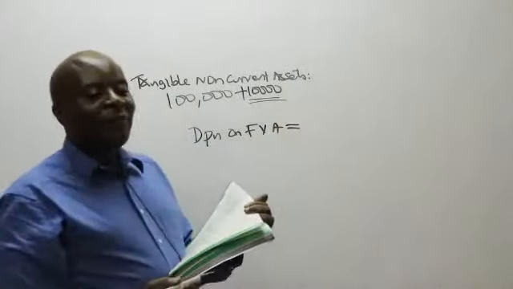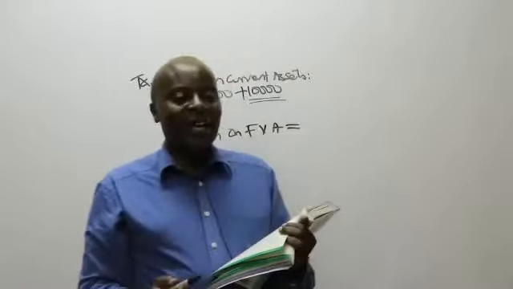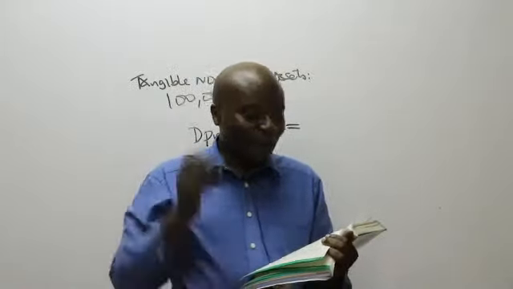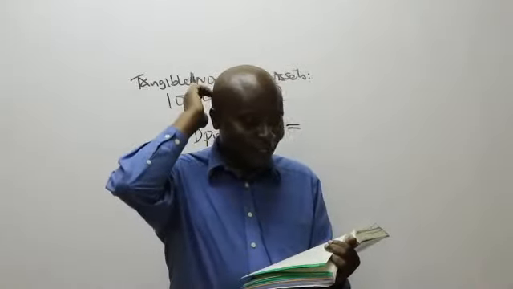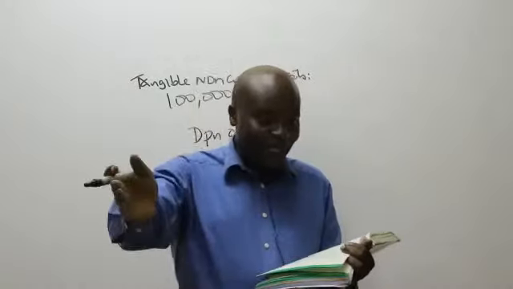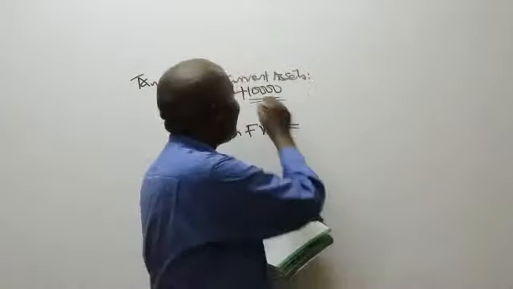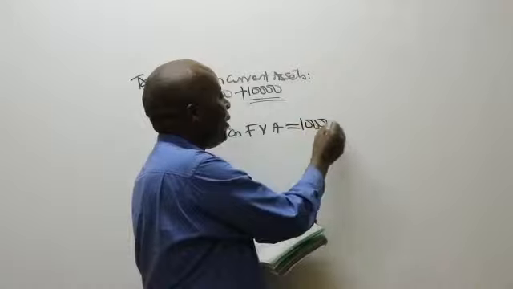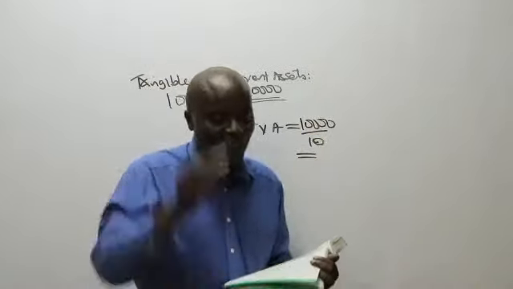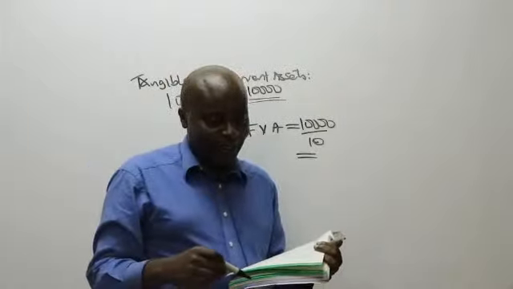Are you able to see the remaining useful life? Yes, 10 years. Remember, ours is straight line depreciation. So then I'll take the 10,000, I divide this by 10 years, which will give me how much? Straight line depreciation, 1,000.